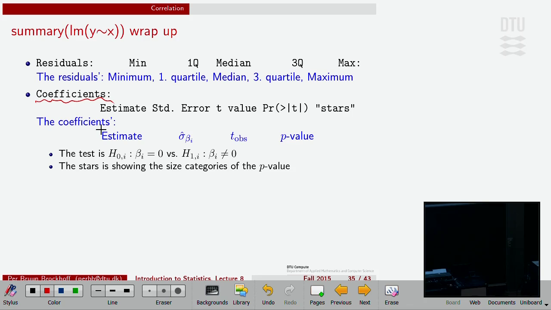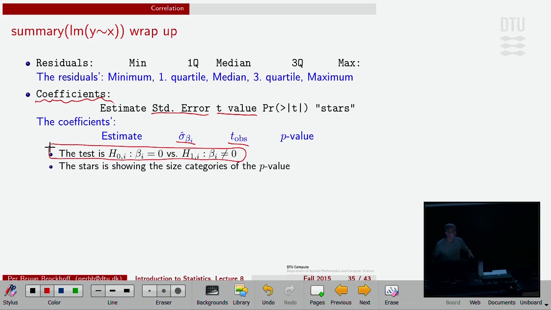We get how they are estimated. We get the standard error, as I've told you. We've seen the formula also, so we could compute it ourselves if we want, but R is giving it to us. We get a t-statistic, which is an observed t-statistic for the null hypothesis.